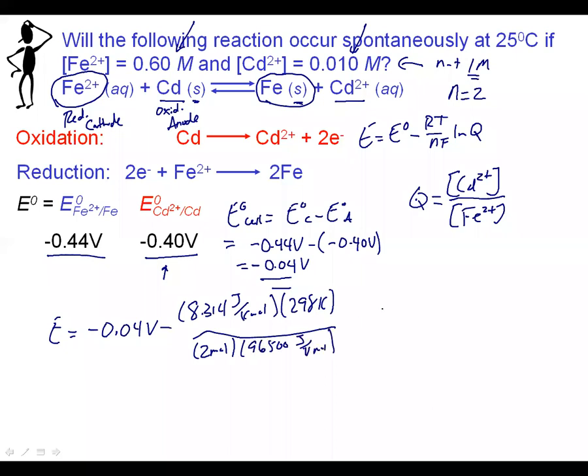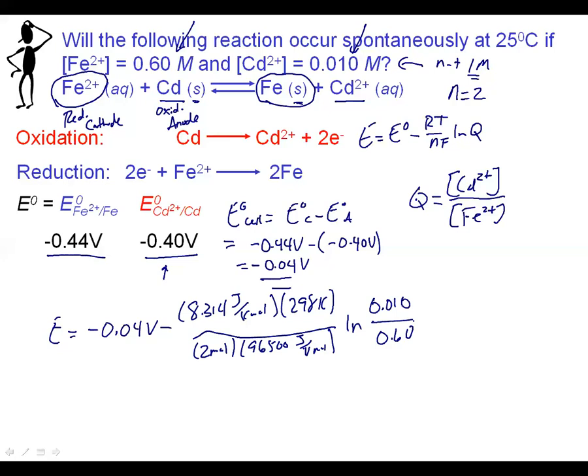And natural log of the cadmium concentration, which is 0.01, divided by our iron there, which is 0.6. Any questions on that part of the calculation?